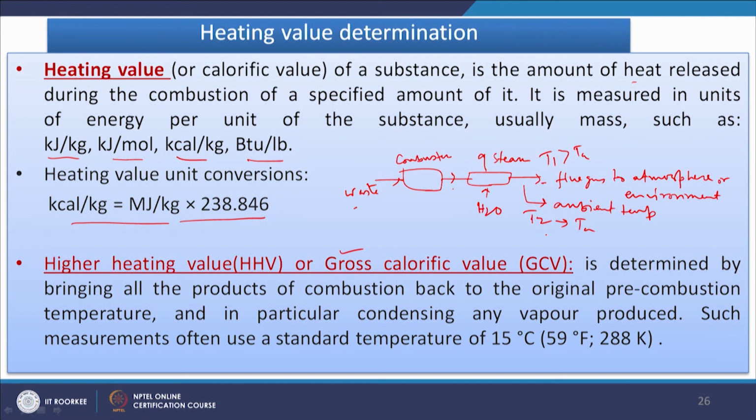So, this is called high heating value. High heating value is determined by bringing all the products of the combustion back to the original pre-combustion temperature, and in particular condensing any vapor produced. Such measurements often use a standard temperature of 15 degree centigrade.